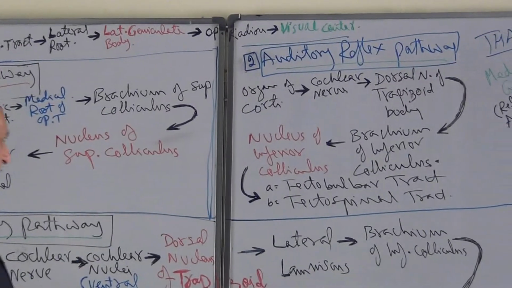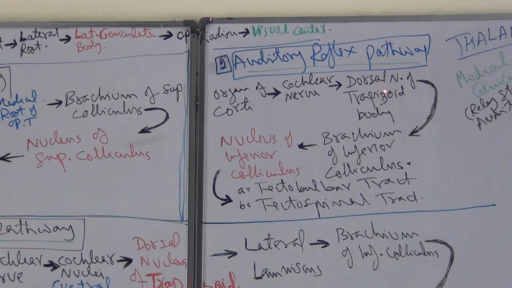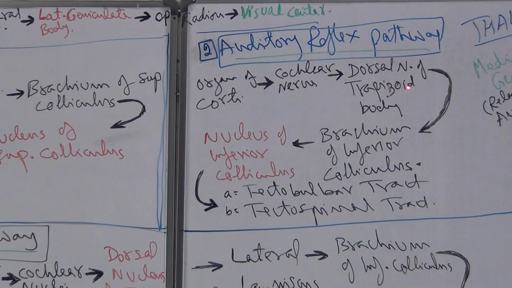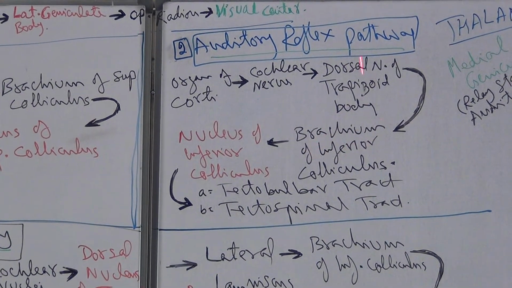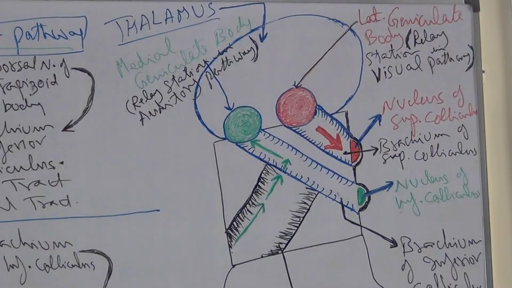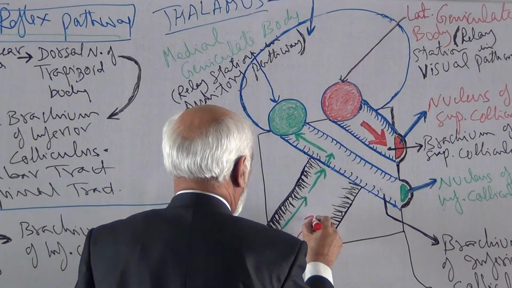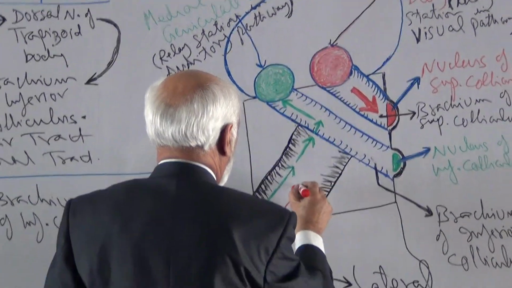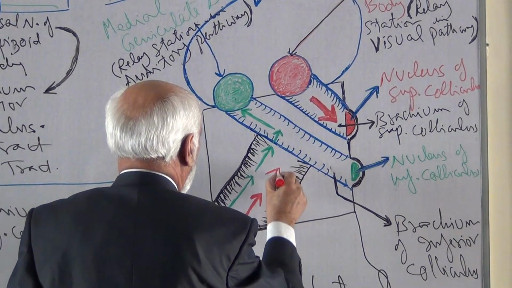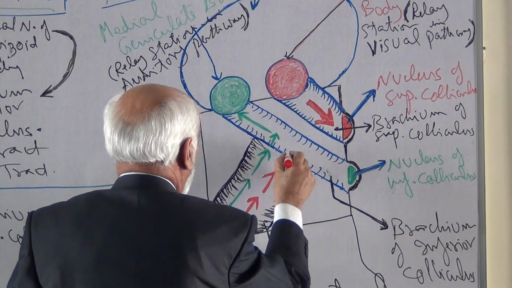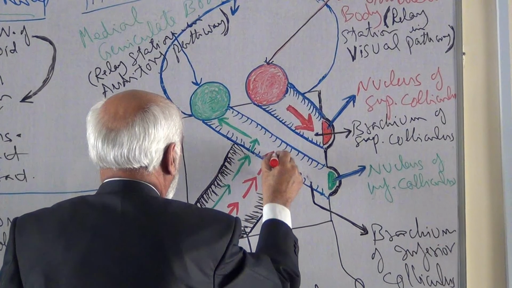So here you can see in the diagram, again we will trace that from the dorsal nucleus of trapezoid body, the fibers for the auditory reflex pathway run through the lateral lemniscus and enter the brachium of inferior colliculus.